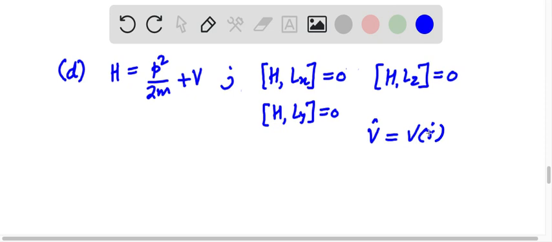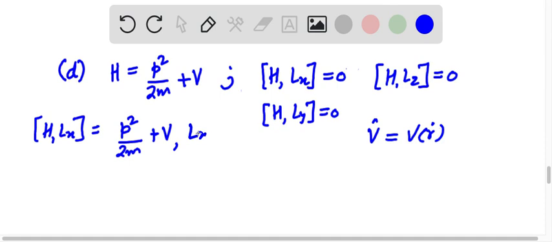Now let's find out this H with Lx first, and this will be p square by 2m plus V, and Lx.